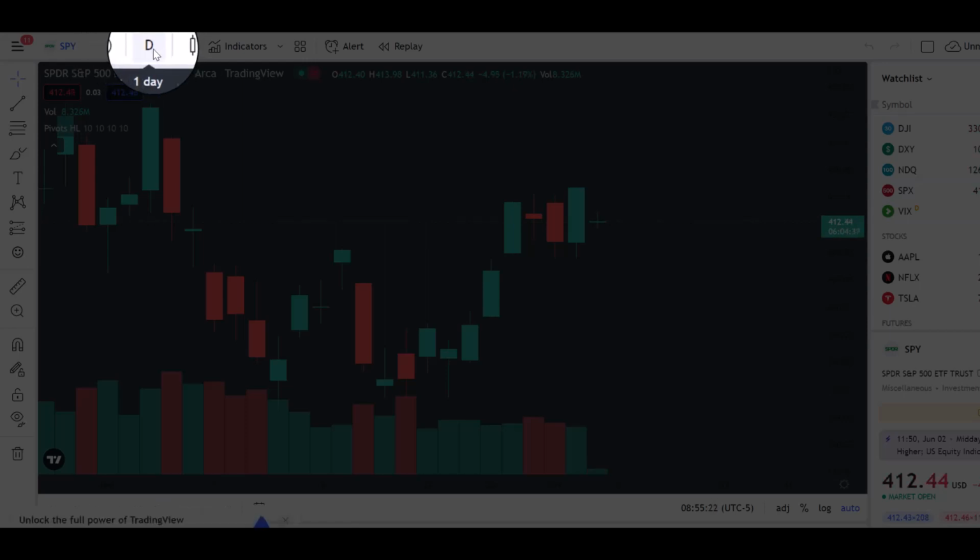This gives us the time frame of each candle. So currently, just like I said in the example, each one of these candlesticks represents an entire day. So if we go to the most current candlestick, which is today, June 3rd, it's still in session. So it opened here, and currently the price is here, and it went up to this and down to this.